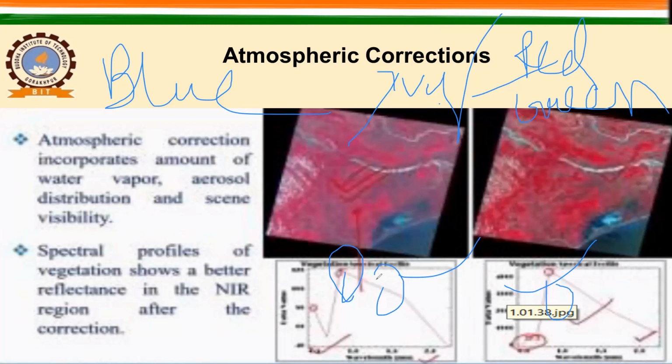So this particular pattern was missing when we had the atmospheric effects on this particular image, whereas this image has been corrected for the atmospheric error, and now this is a more accurate reflectance spectra.